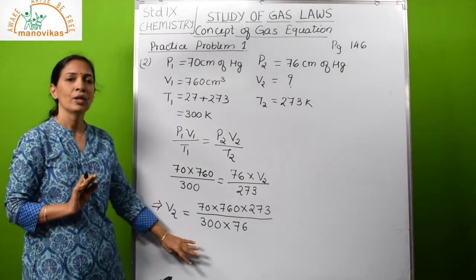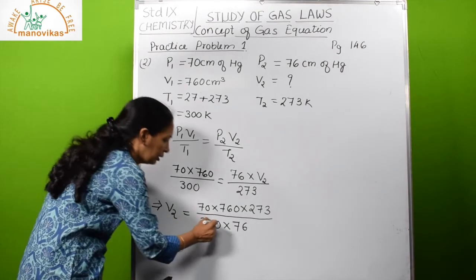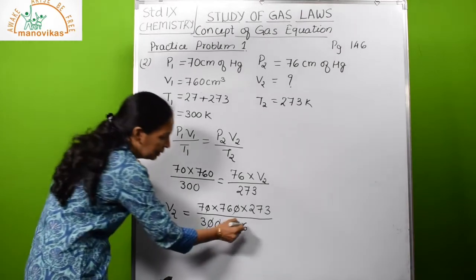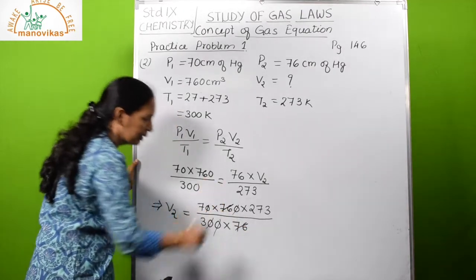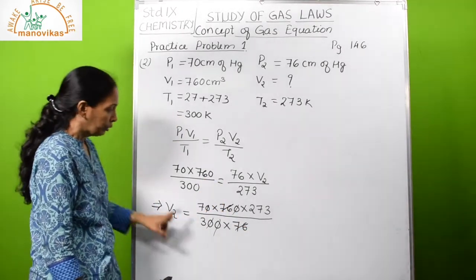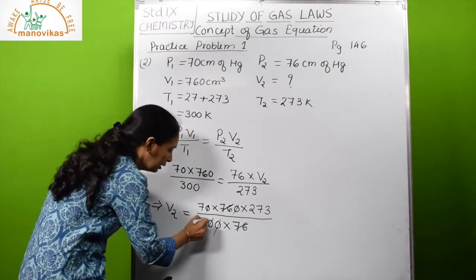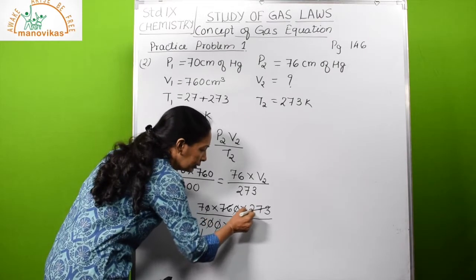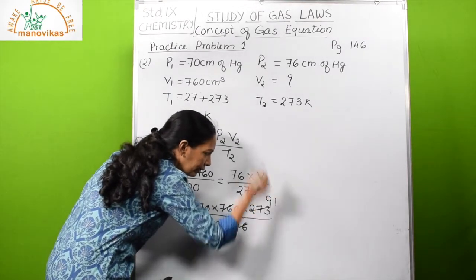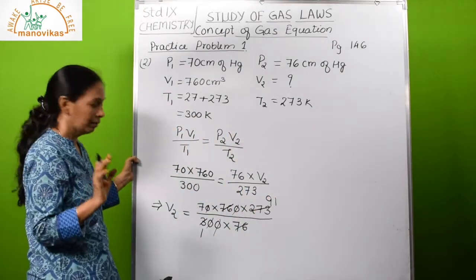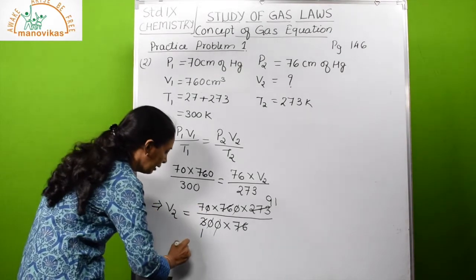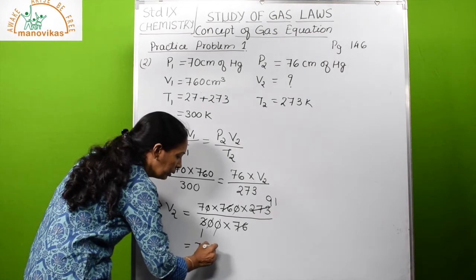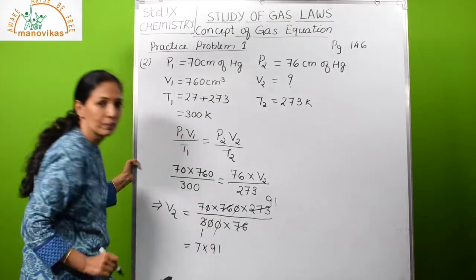Okay, then you have to simplify it. This 0, 0 cancel, this 0 gets cancelled. 76 and 76 will get cancelled. Now you have to see 3 ones are 3 and 3 nines are 27, and so on; 273 divided by 3 gives 91. So what are the numbers left over there? 7 into 91.